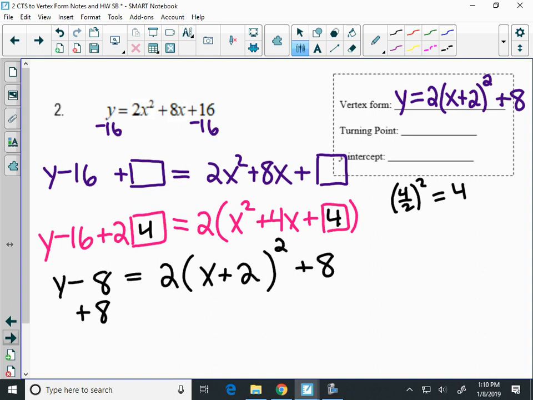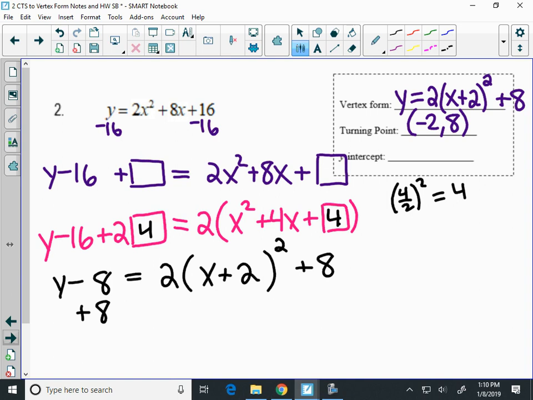What's the turning point? Negative 2, 8. Good. Now you have 2 options here to find the y-intercept. You can either use your vertex form, put 0 in for x, and write it all down like we were doing yesterday, or we can talk about what we were doing on the front with standard form.